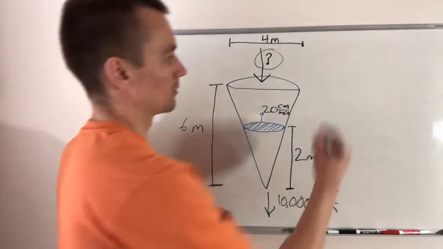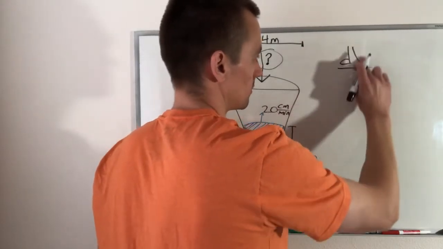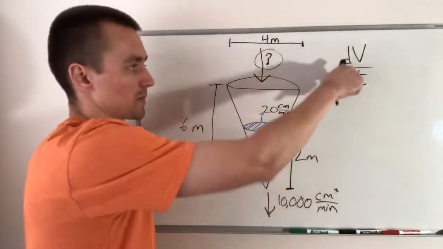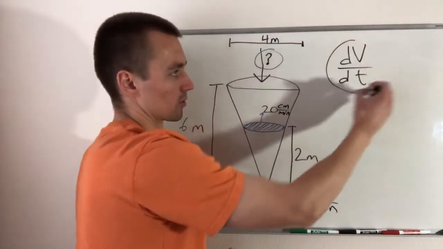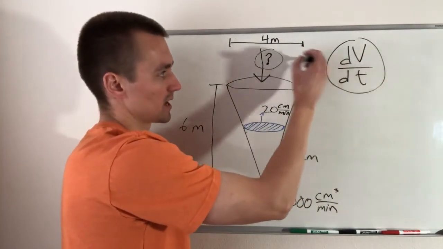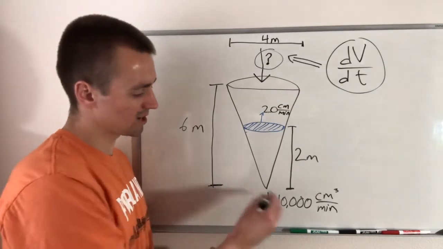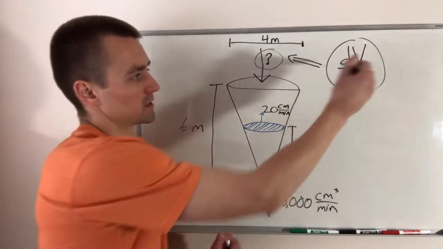But what we're looking for is the rate of change of the volume of our small cone with respect to time. So how quickly this volume is increasing. This is what we're looking for. If we can find this, we can use that to find this information here in combination with the rate that it's draining out. So this is what we're looking for.